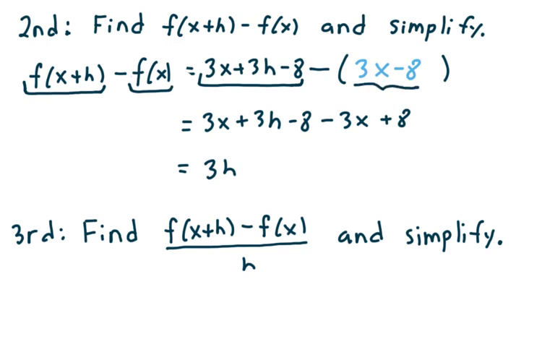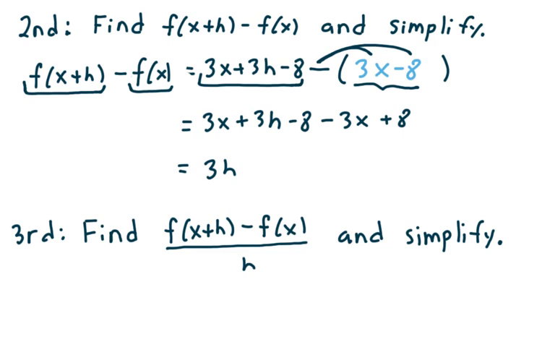And notice that 3x minus 8 is inside parentheses. Now, I get to distribute the minus sign over to the 3x and over to the minus 8 so that I can remove the parentheses. And when I do that, I get 3x plus 3h minus 8 minus 3x plus 8.